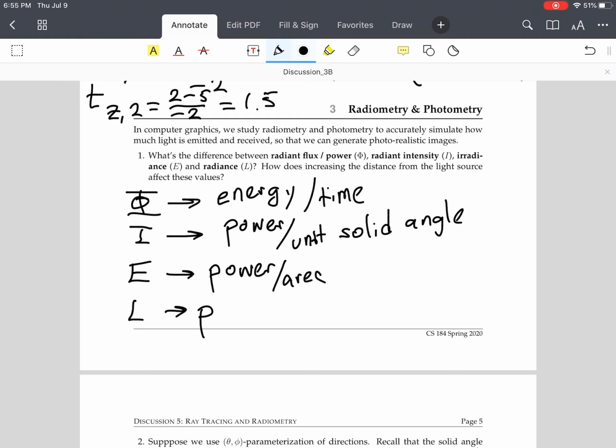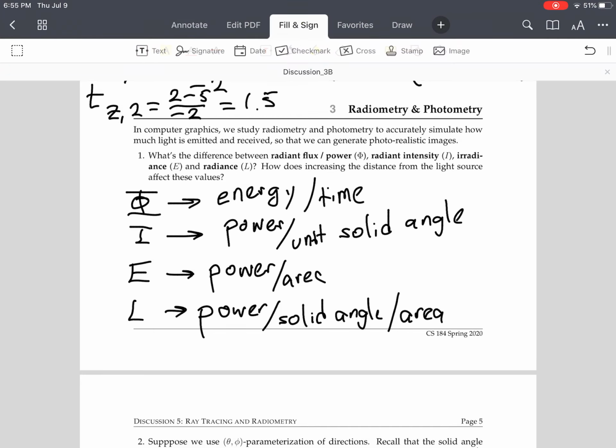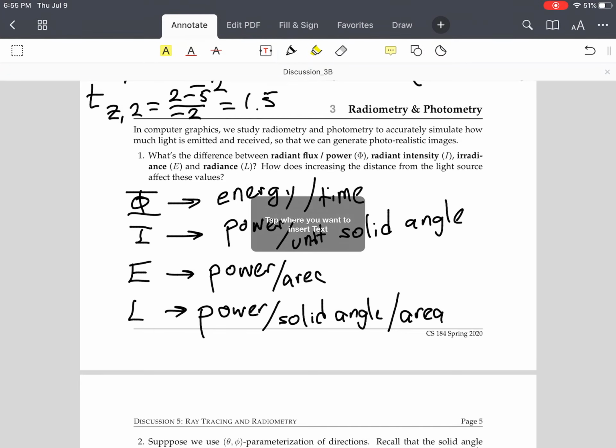So it's going to be power per solid angle per area. Okay, so these are all 4 different units. They involve 4 slightly different topics, but all related to light.